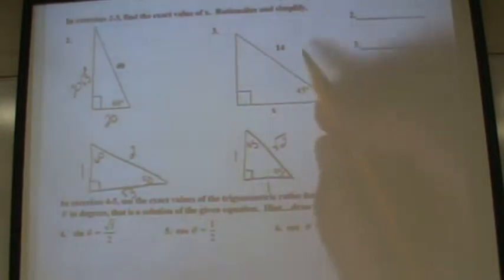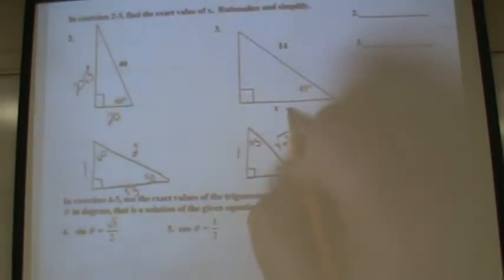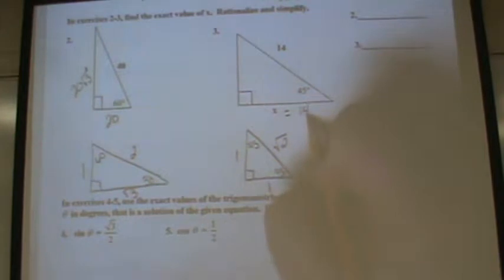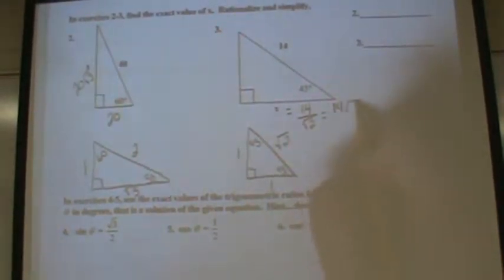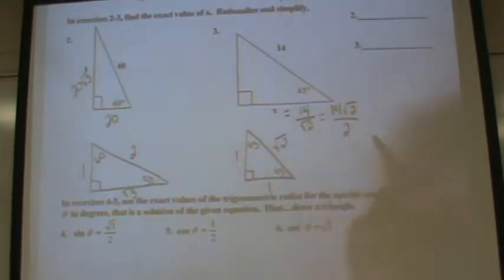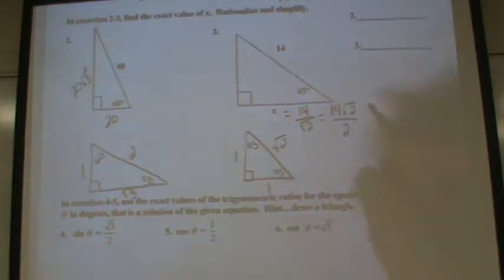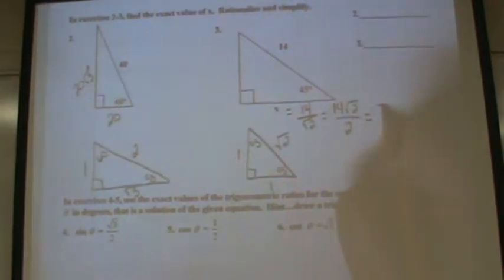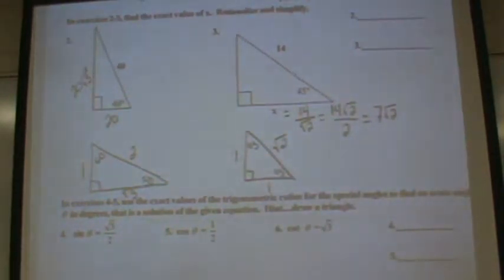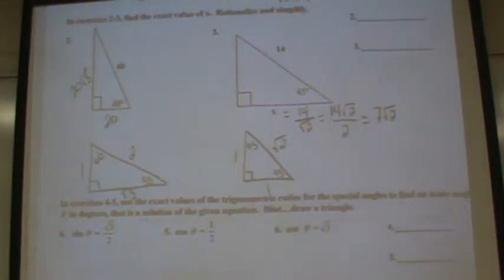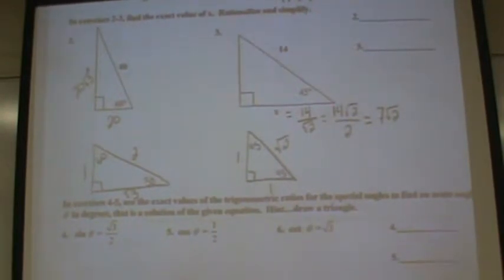So to find the legs, we're going to have 14 divided by root 2. And you need to rationalize that. So you get 14 root 2 over 2. And then you can simplify that as 7 root 2. So your x for number 3 is 7 root 2.